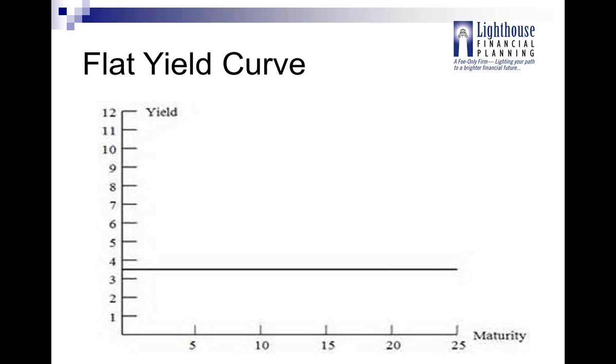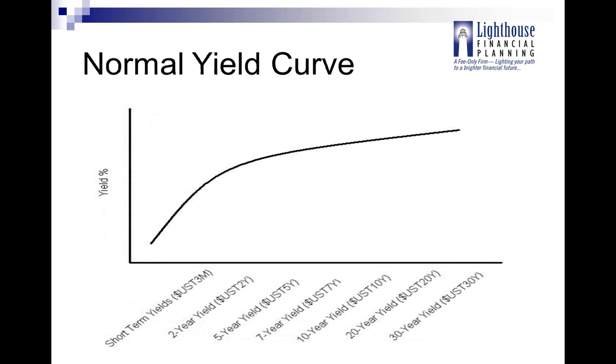So what we do is we call ride the yield curve. It's another strategy that we have, and that is if we have a flat yield curve, we're not paid to take any risk. So why go out in maturity? Whereas if we have a normal yield curve, going back to that slide, then we're paid to go out. And you can also see that it's not a straight line.